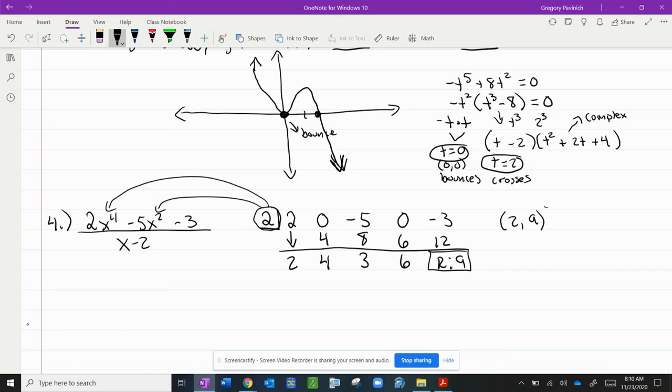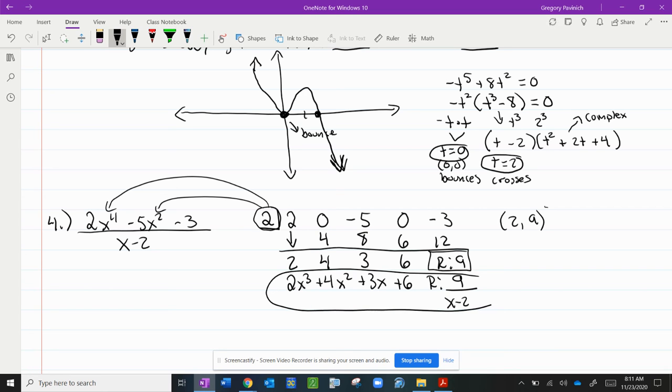Other than that, also with synthetic division, the degree is one less than what you divided by a linear, so it's a cubic down here, and these are the coefficients. And then my remainder is usually written as my remainder divided by the divisor like that. That's how you would traditionally see it.